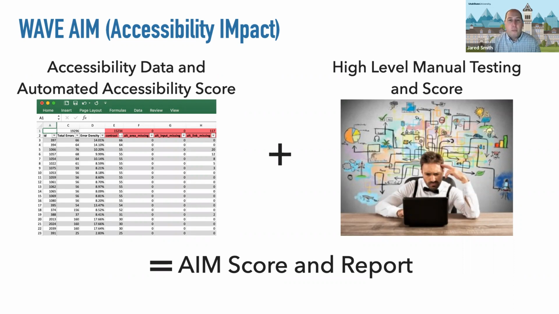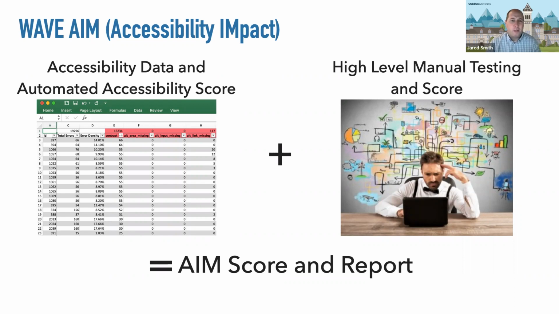We also do high-level manual testing, which is always going to be important, right? We do some high-level testing and manual scoring. So our expert testers go in and indicate potential or actual accessibility issues and measures of impact of those issues. And then the resulting output is an AIM score and a detailed report of those detected accessibility issues and our expert testing summary of that high level testing.